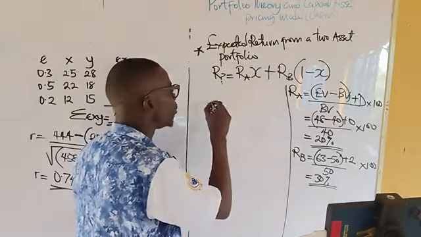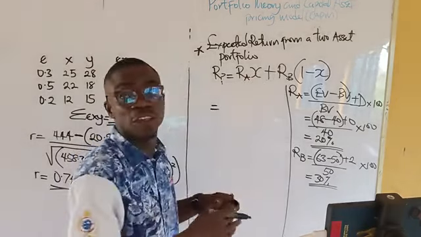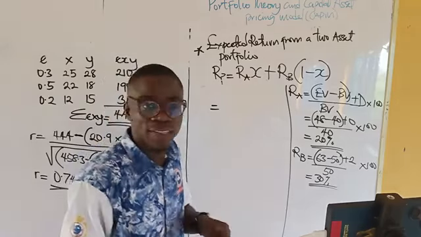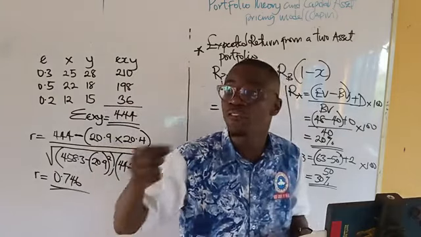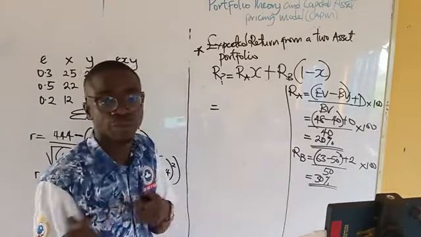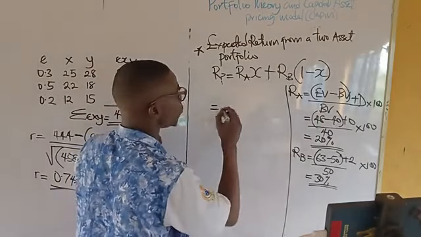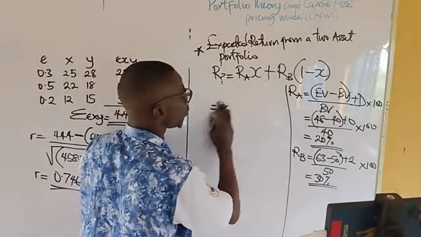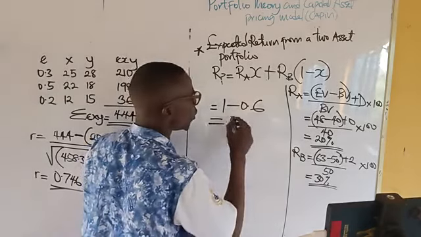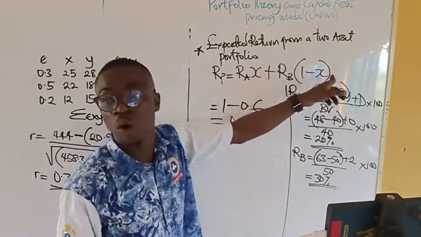Since you know that the proportion of x is, let's say, 60%, and it's a two asset portfolio, that means the balance is going to be invested in the other investment. So we now have 1 minus 0.6, approximately 0.6 for A, and 1 minus 0.6 is 0.4. So you know that 40% is invested in B.